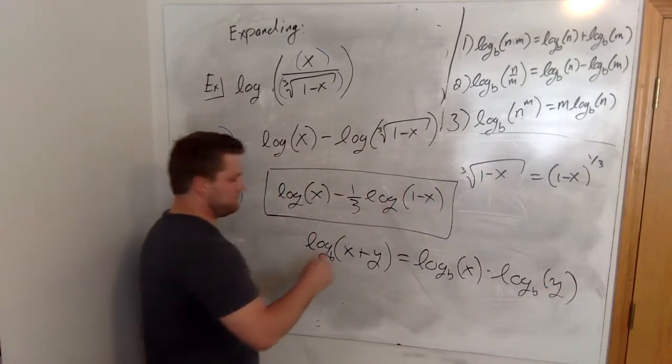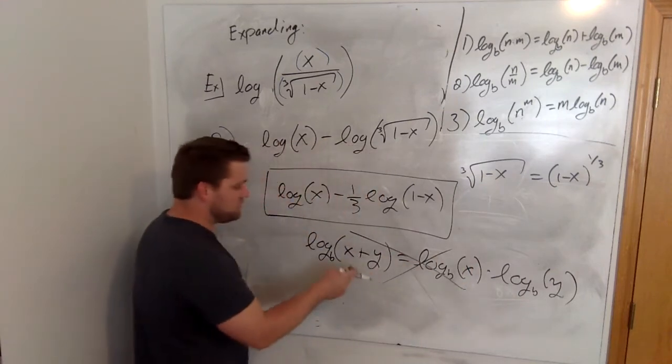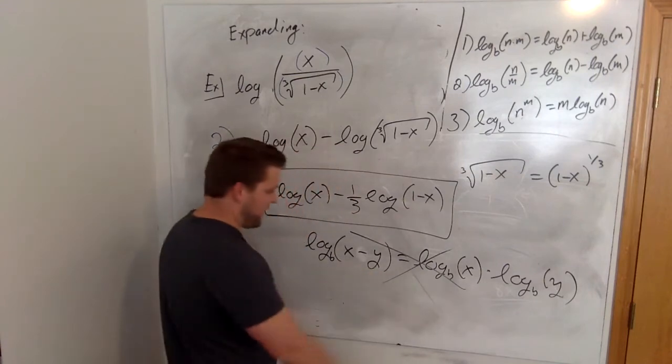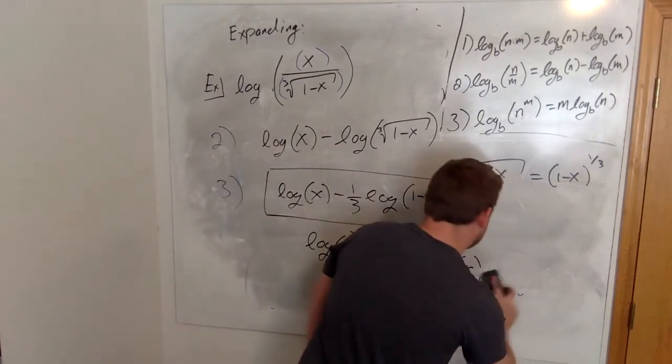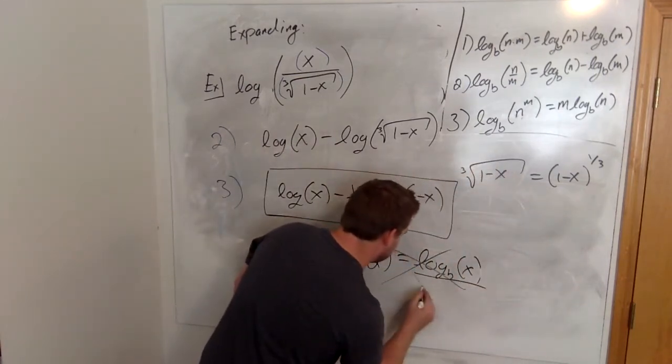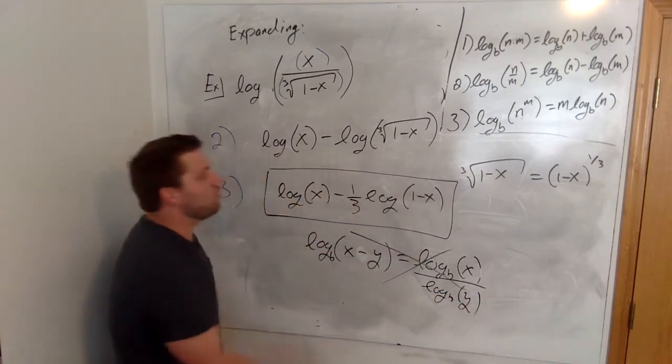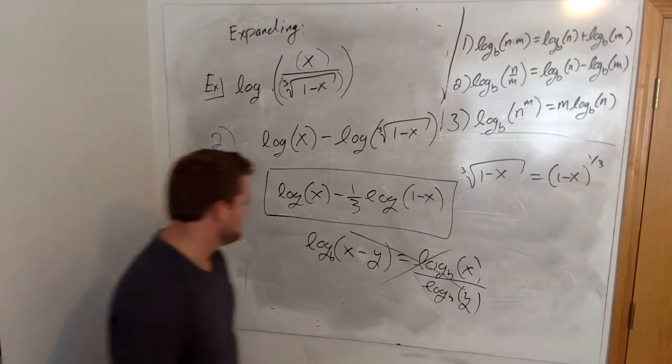This is not true. And they would do the same thing with subtraction. I might see some students, if there's subtraction here, think to do this. But this is also not true either.